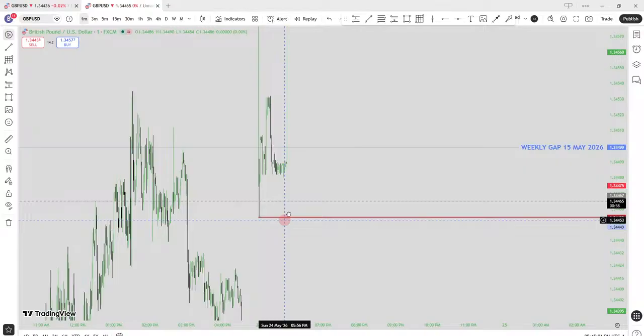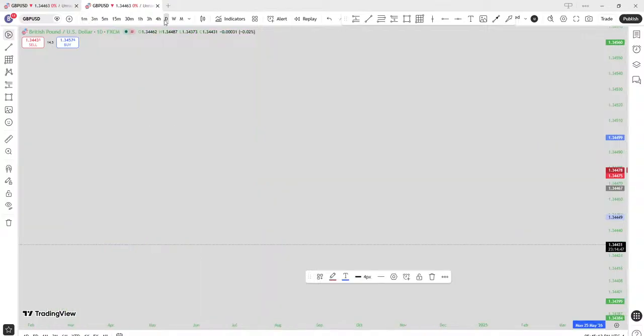Let me go to daily time frame. That is where I mark it out. Alright. You can see the candle.